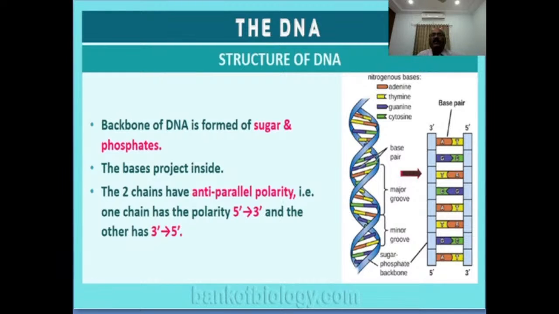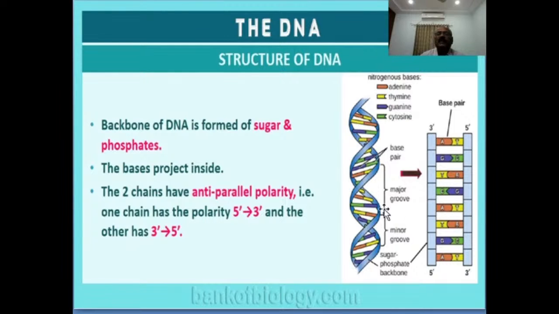When we observe the structure of DNA, the backbone of DNA is formed of sugar and phosphate. The bases project inside. The two chains have anti-parallel polarity. That is, one chain has the polarity 5' to 3' and the other has 3' to 5'.